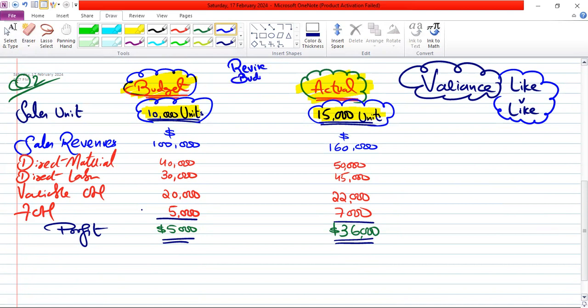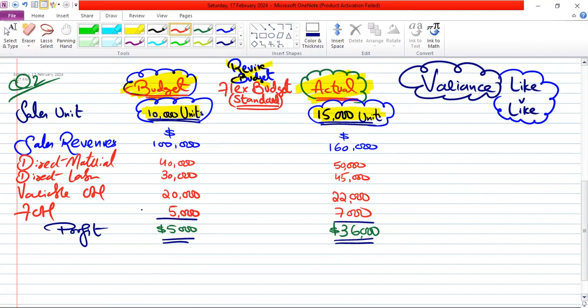You need to revise the budget, but technically in the A2 syllabus, or if you do ACCA or Chartered Accountancy in Pakistan or India, it is not called a revised budget. It is called a flex budget. Or some books suggest a standard budget. Standard budget, flex budget, or in Pakistani language, revised budget.